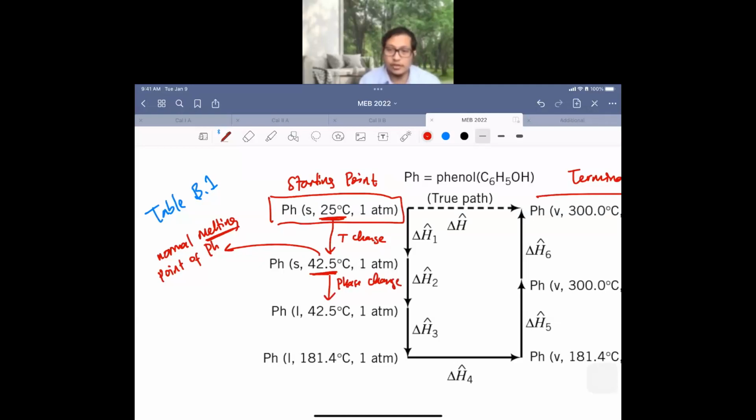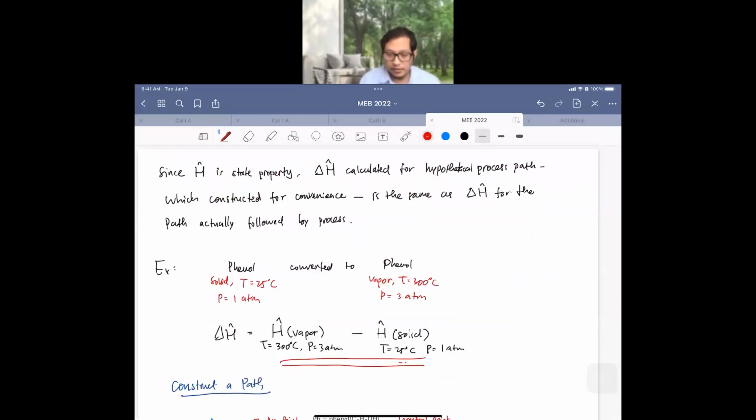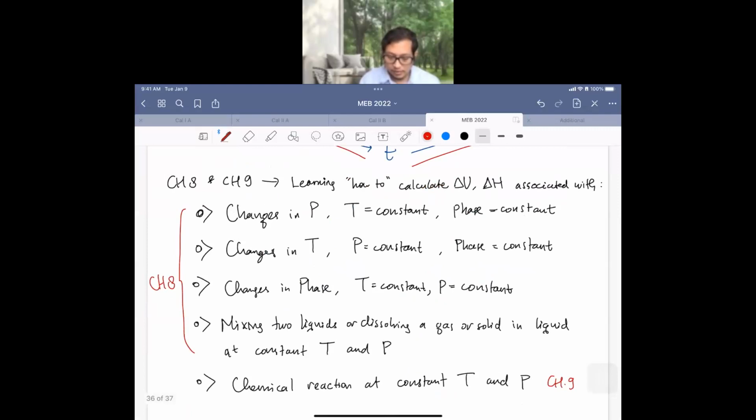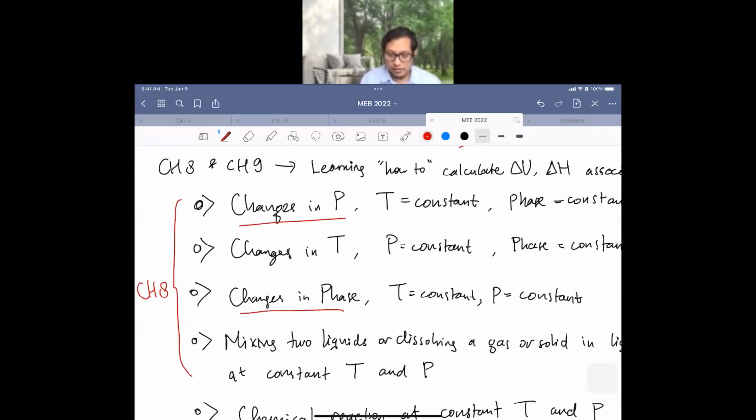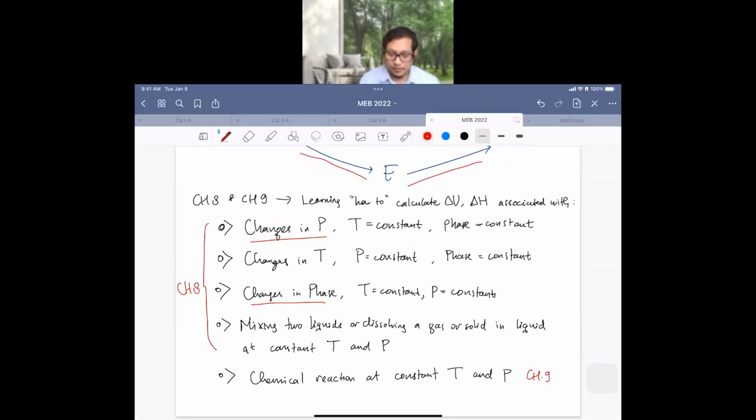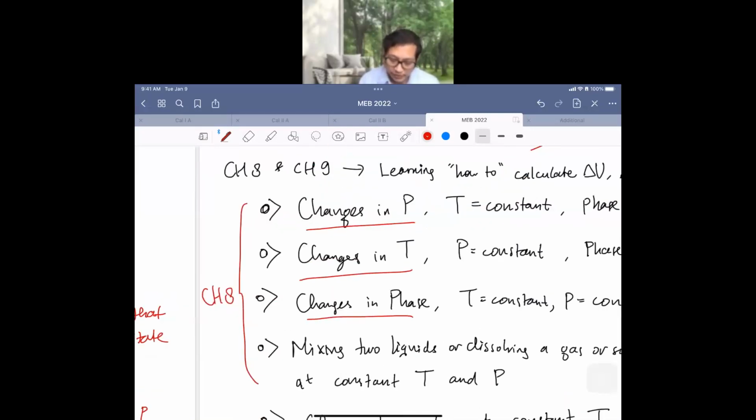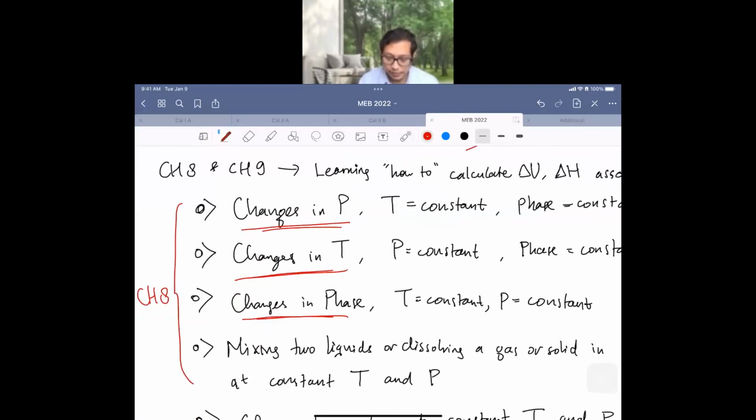Remember, you need to construct temperature and phase paths separately. They become two different delta H. Here we consider three different ways: change in pressure, in temperature, and in phase.